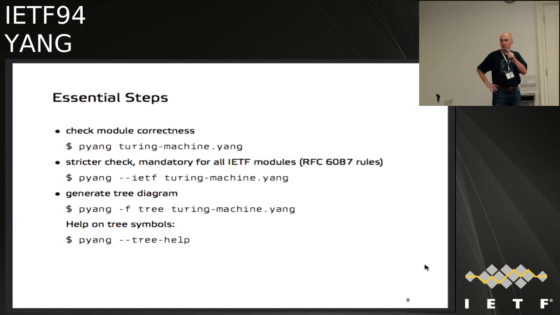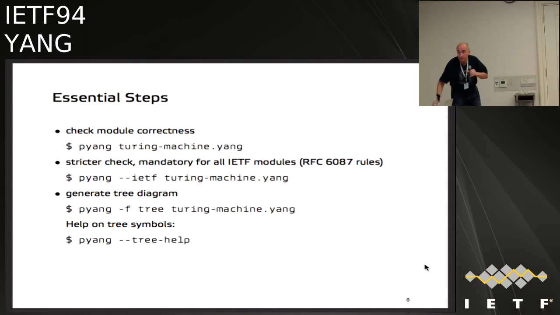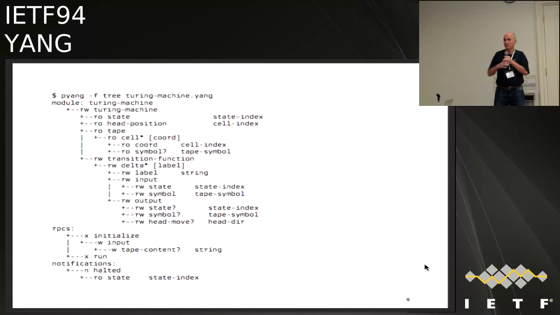I will show you how it looks on the next slide, and Carl already had some examples. There are some symbols used in that tree view that may need some explanation, so you can get this by using the tree help option. And if we use it on that Turing machine module, it will show this output.